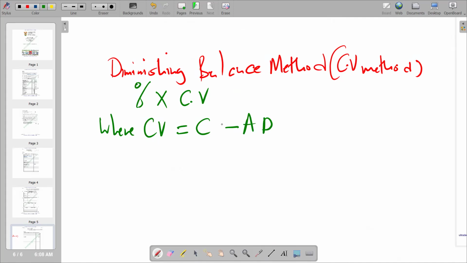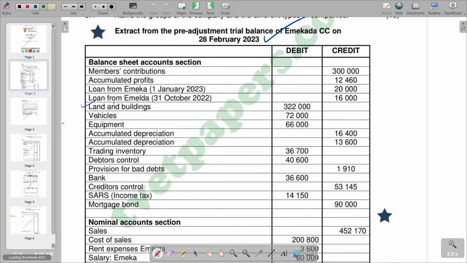So we need to go back to the question and try to find out the cost of vehicles. Remember, we are calculating for vehicles. So if you go to the pre-adjustment trial balance, you're going to see that for vehicles we have got 72,000, which is representing the cost for vehicles. Then accumulated depreciation, we have 16,400. So you're going to say 72,000 minus 16,400, then you get our carrying value.